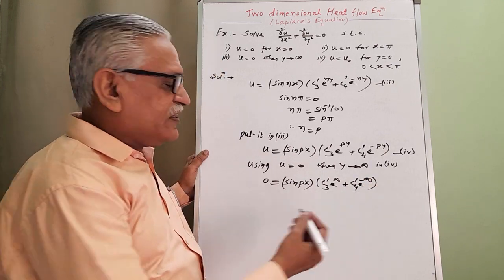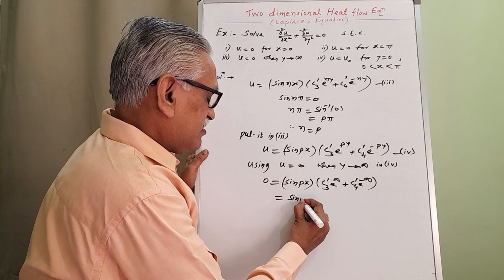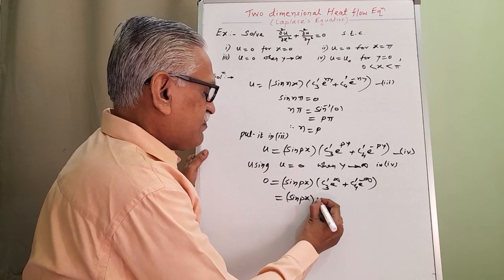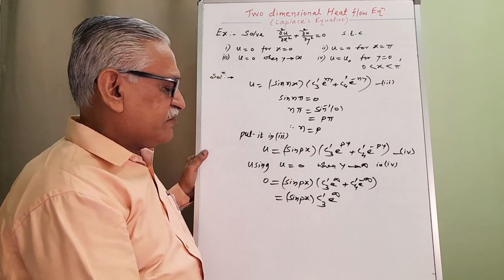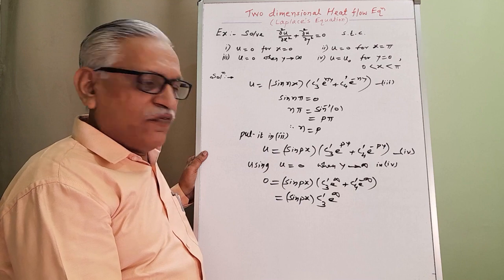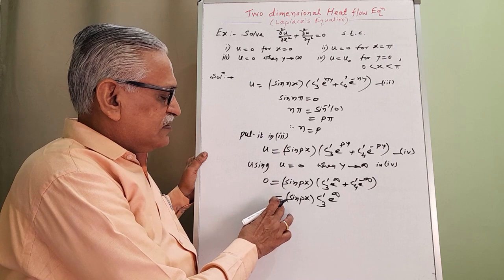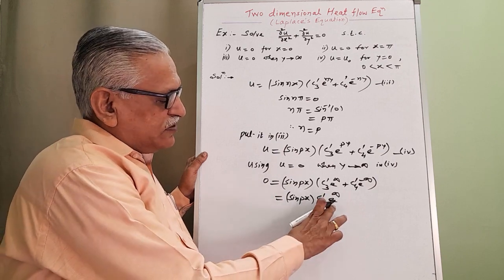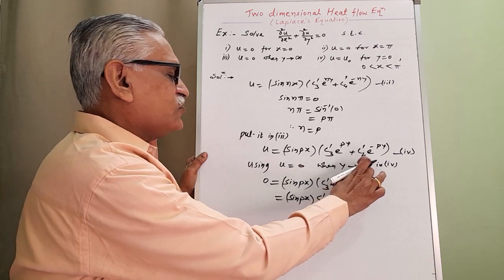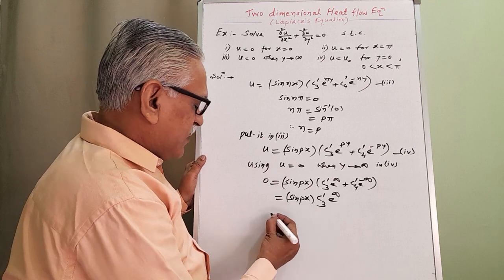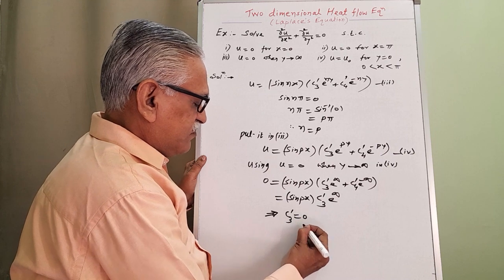We know that e raised to minus infinity is 0, therefore it becomes sin px multiplied by c3 dash multiplied by e^(infinity). e^(infinity) is infinity, but here the product of these three terms is equal to 0. Out of these, e^(infinity) is not equal to 0. When y tends to infinity, sin px should not be 0. It implies c3 dash must be 0.